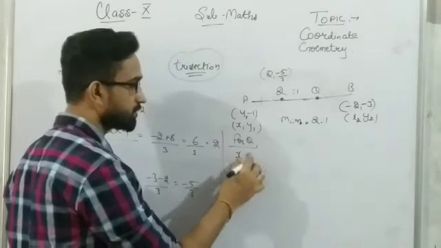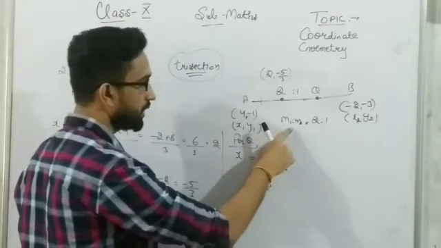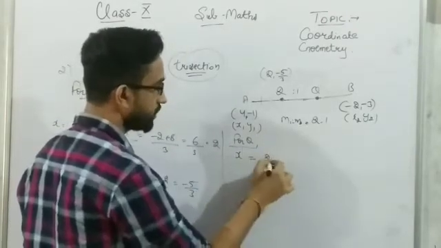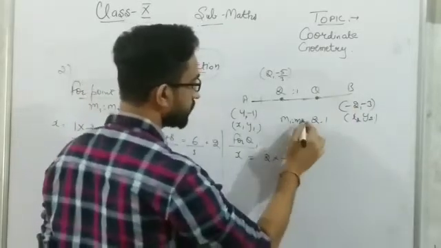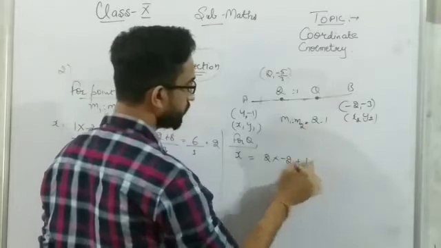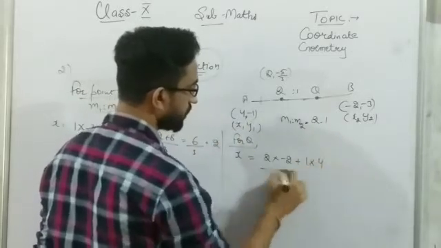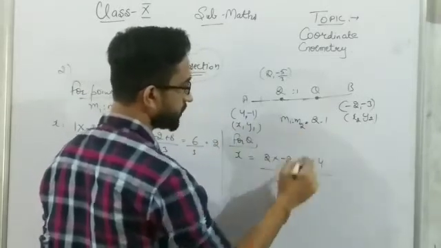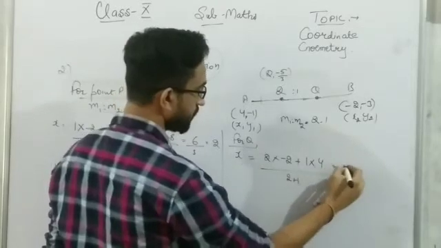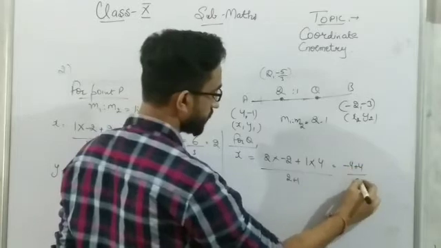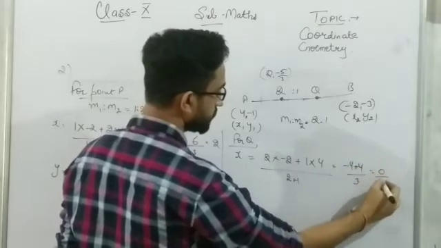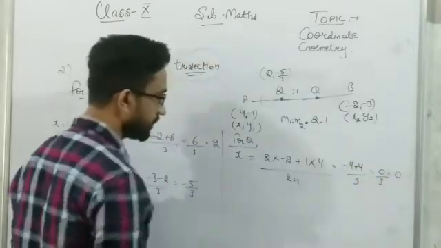Again, we apply the section formula: M1 into x2, that is 2 into -2, plus M2, 1, into x1, 4, upon M1 plus M2, that is 2 plus 1, 3. So (-4 + 4)/3, that is 0/3, that is 0.